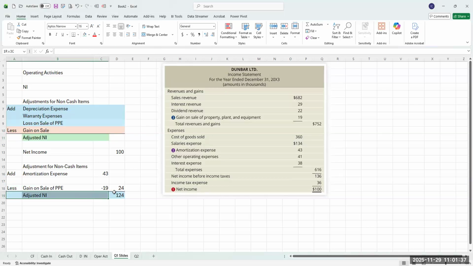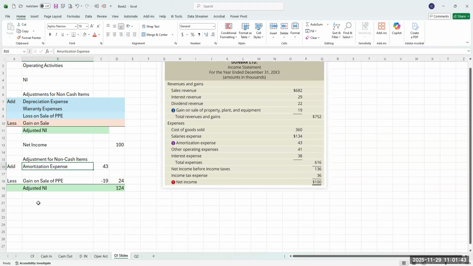So now let's change this one to green. And let's move now to the working capital. And here we're going to add changes in working capital. And let's see from the next statement, which is provided to us on the slides. I'm going to copy the next statement.